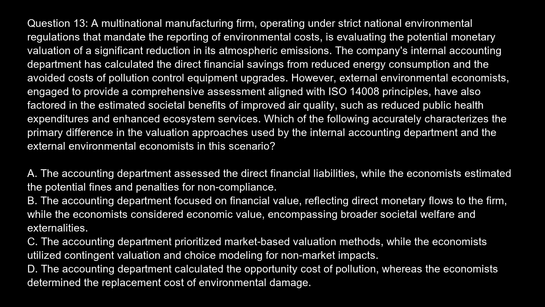Option C. The accounting department prioritized market-based valuation methods, while the economists utilized contingent valuation and choice modeling for non-market impacts. Option D. The accounting department calculated the opportunity cost of pollution, whereas the economists determined the replacement cost of environmental damage.